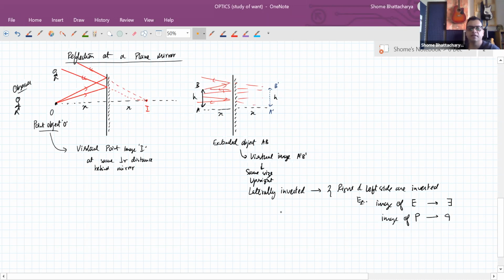So this is the meaning of lateral inversion. Okay. And of course it is at the same distance behind the mirror. So these are the properties: same size, upright, laterally inverted, and same distance behind.